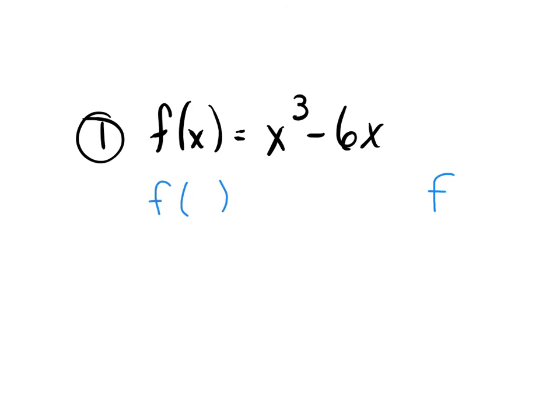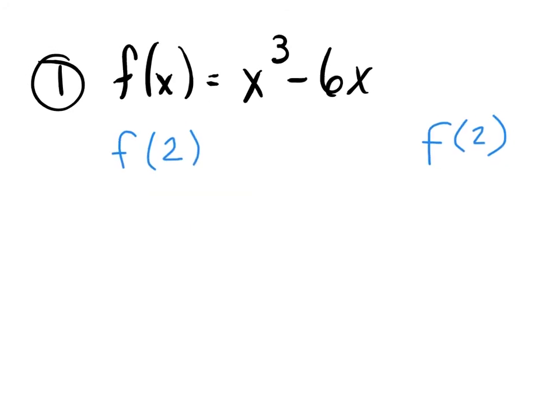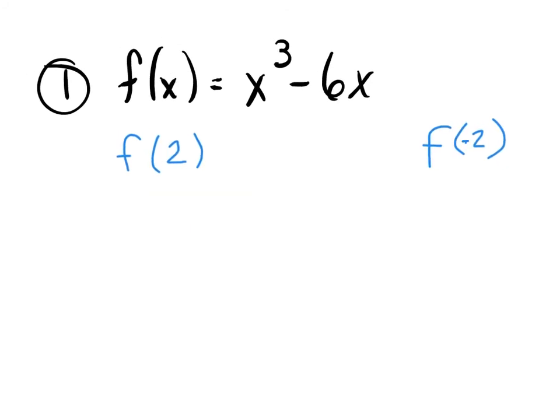Anybody? Give me a number. 3. Let's pick 2 just because that's easier to work with. Especially when we're cubing it, the smaller numbers are just better. So we're going to plug in 2 and negative 2.